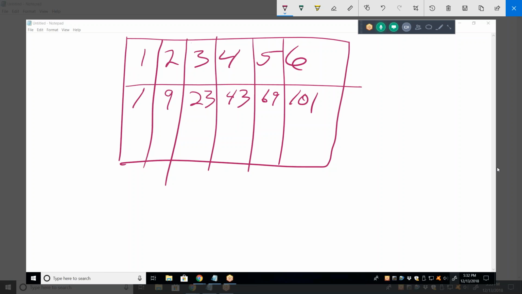I know for finite differences, we subtract or add the numbers. Like I would subtract 1 and 9, and then I would subtract 23 and 9, and then I would subtract 23 and 43.